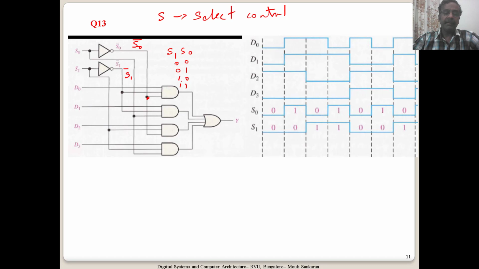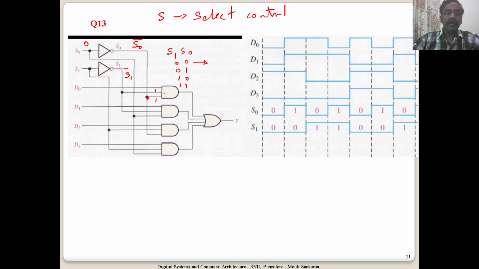Now what does it mean? Let us see. Now what is being fed to this AND gate? This is the first AND gate. You see that S1 prime is used, S0 prime is used. That means if I give a 0 here, it will be a 1 here. Okay, 1 1.